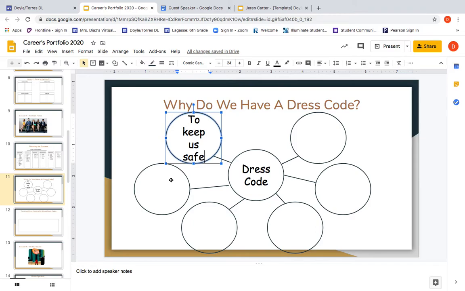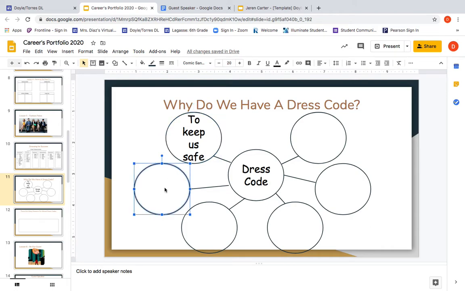So we at school are not allowed to wear open-toed shoes, right? Shoes or sandals, shoes that show our toes. Why? Well, because if we fall or we trip and scrape our toes, we could get hurt that way. So that is how having a dress code keeps us safe.